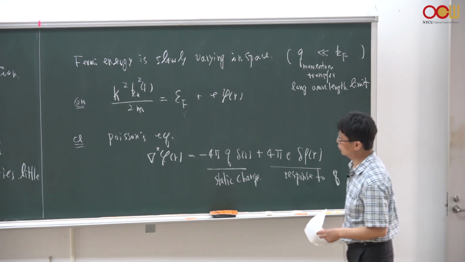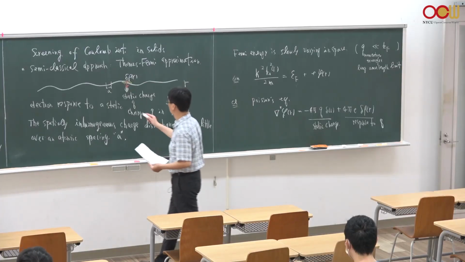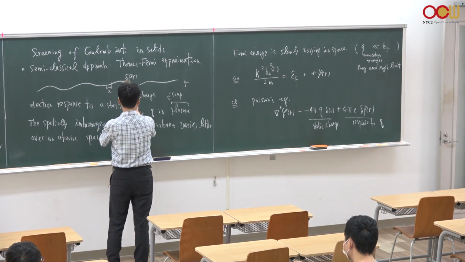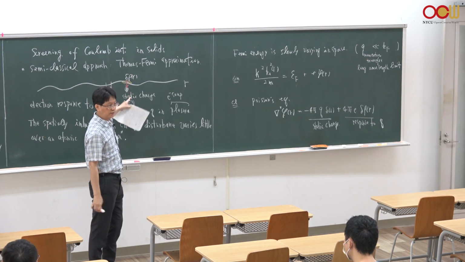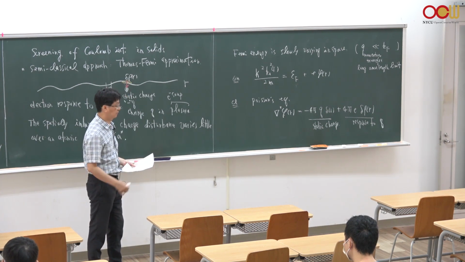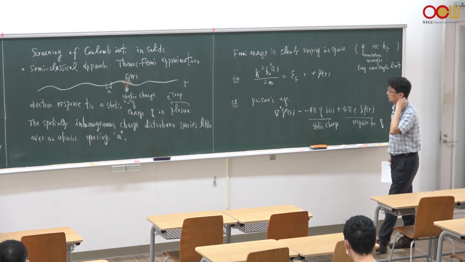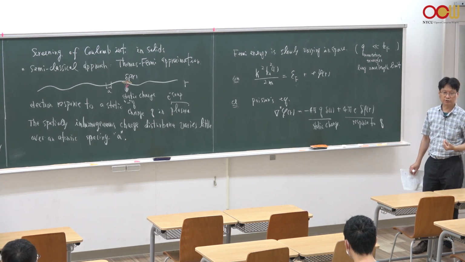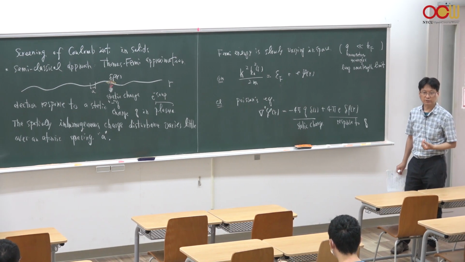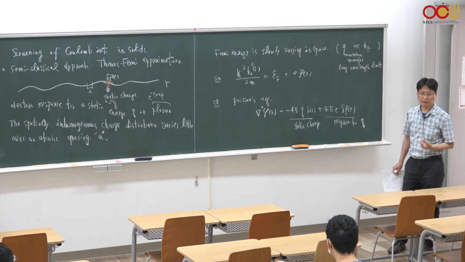So the response charge is actually negative to the static charge because of classical electrodynamics, in which the induced charge carries the negative sign relative to the so-called test charge.